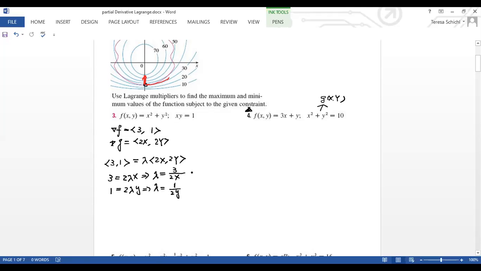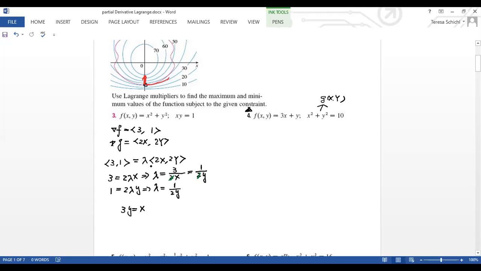Both of them are lambda, so they equal each other. I can cross out these constants to make it a little easier. Now cross multiplying, I have 3y equal to x.